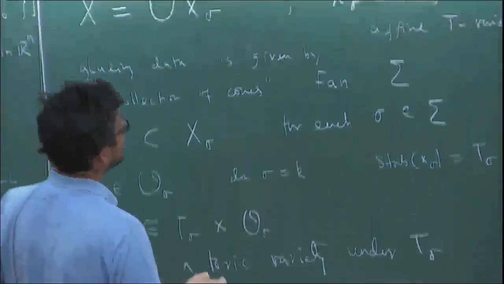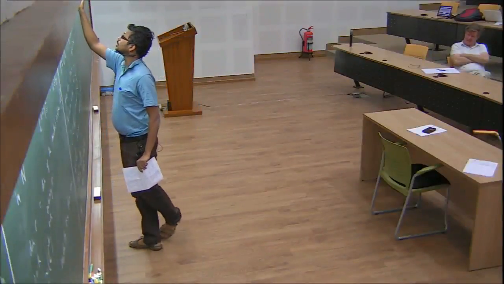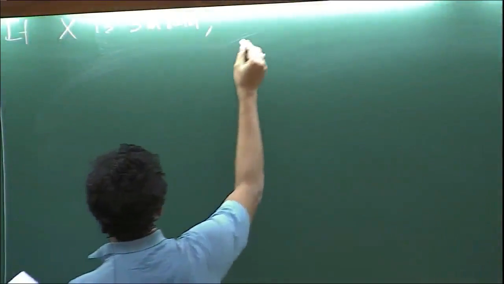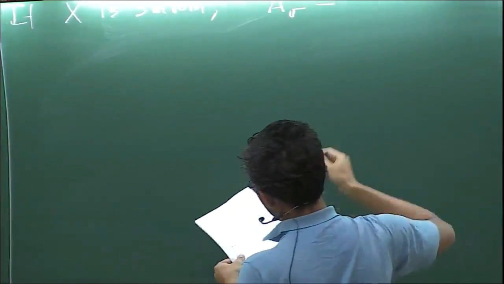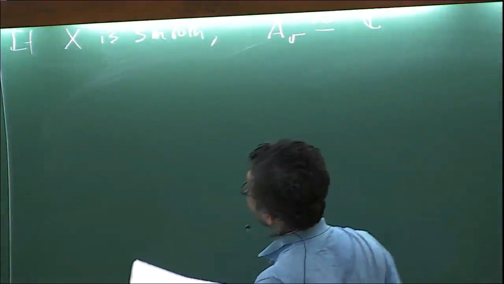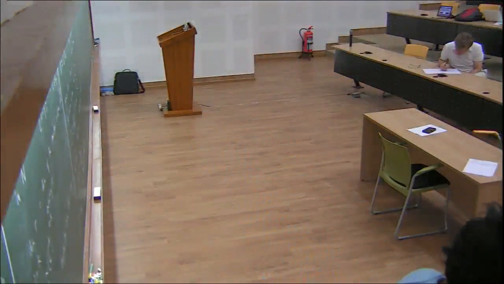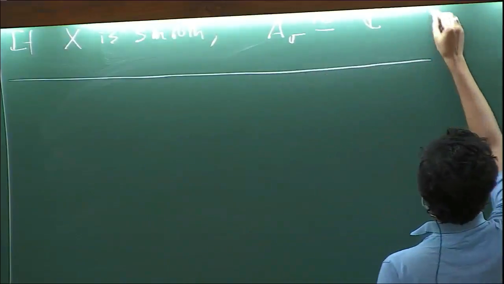And if X is smooth, then each A sigma is C to the k. So this is what we need for this talk about toric varieties.